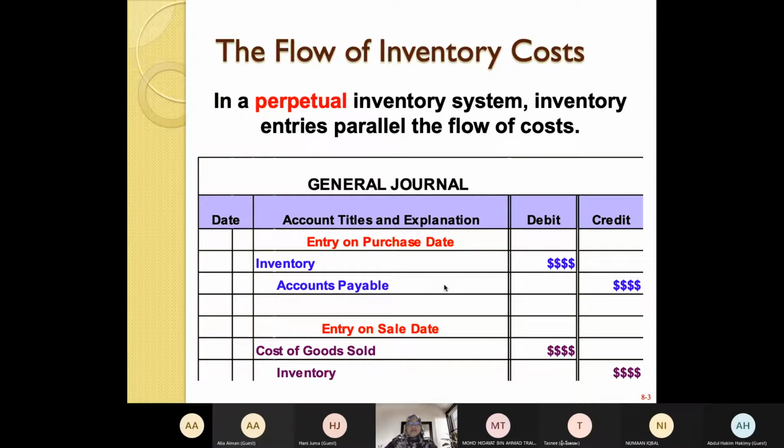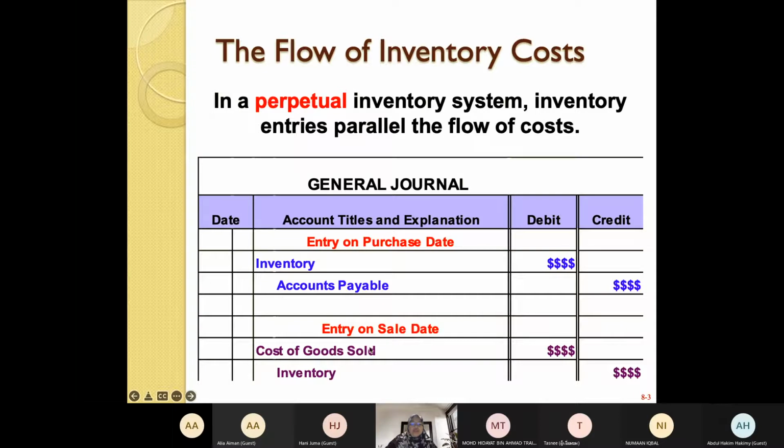The flow of inventory costs. In a perpetual inventory system, inventory entries parallel the flow of costs. Remember that when you purchase inventory, you debit your inventory and credit your accounts payable.